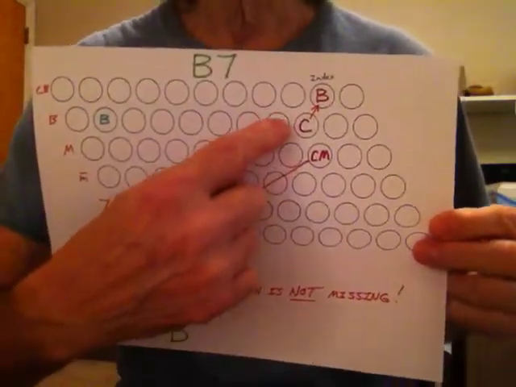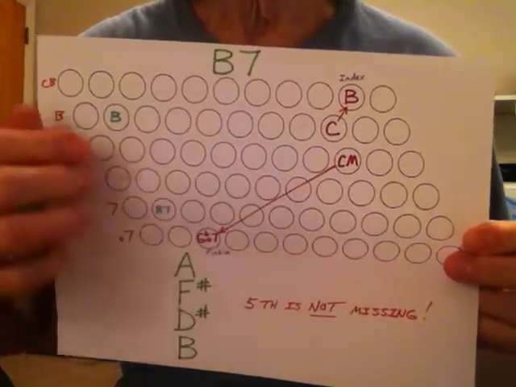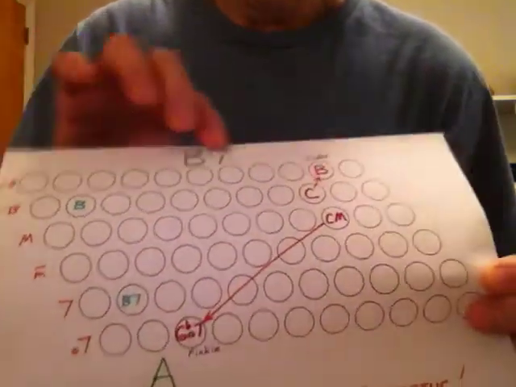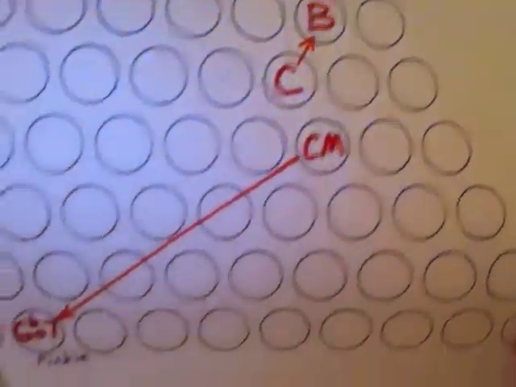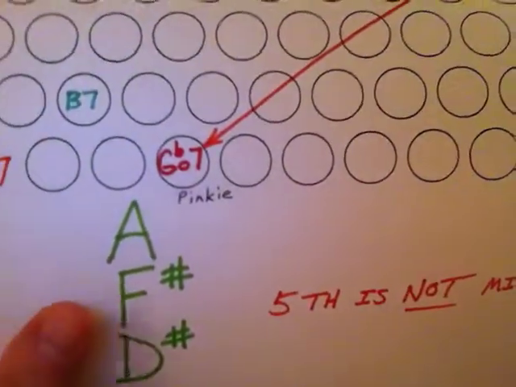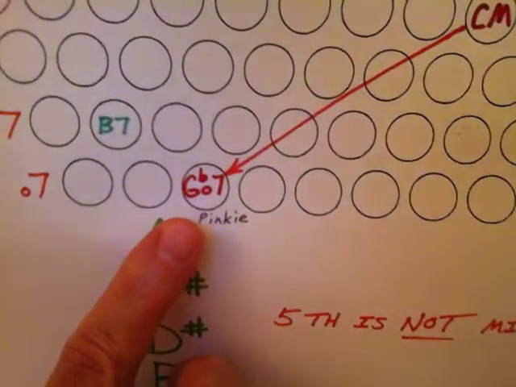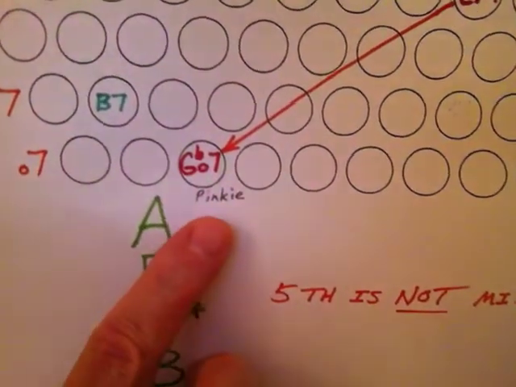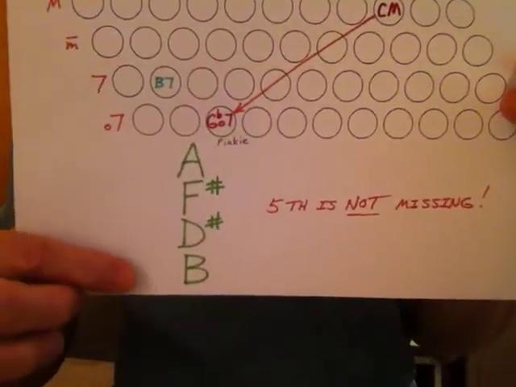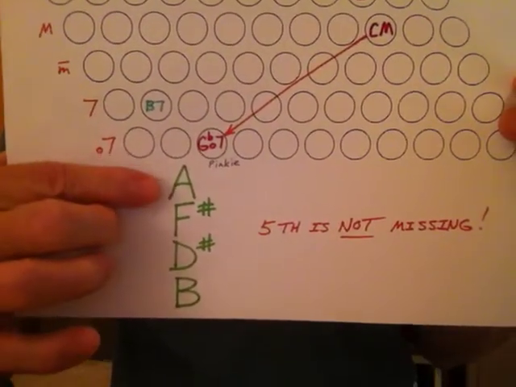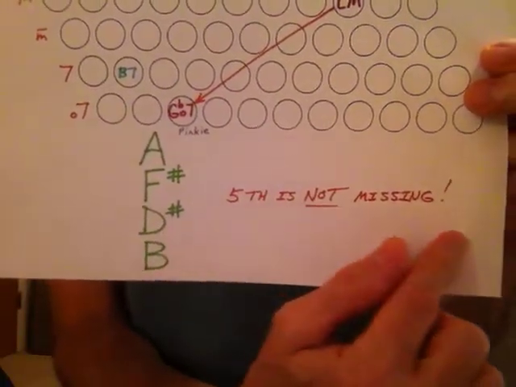You have your C major chord here, and you move to your B with your index finger. I'll make that pretty clear. And you catch the G flat diminished 7 button with your pinky. And if you do that, you get the full B dominant 7 chord again. And the fifth is not missing.